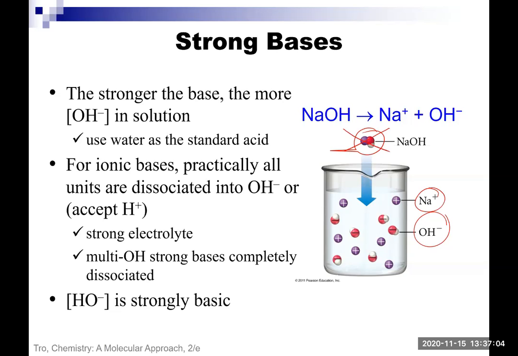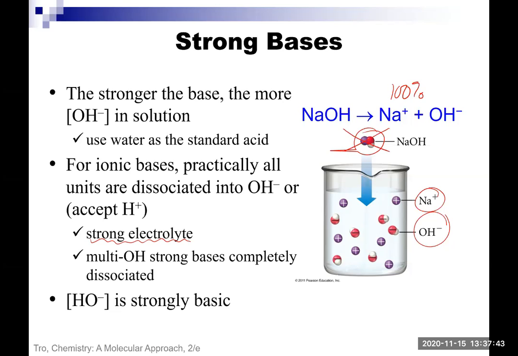So if we had a 0.10 molar solution of sodium hydroxide, we would have 0.10 molar OH minus in solution. 100% is what we have of the ions here, which are products. Complete ionization. Sodium hydroxide is a strong electrolyte because it puts 100% Na plus and OH minus in solution, and that dipole will connect the circuit of 2 electrodes and light a light bulb.